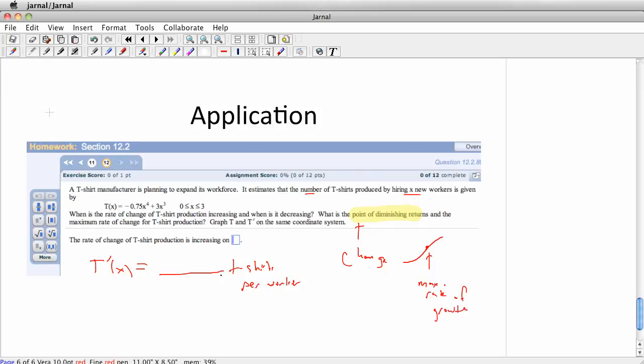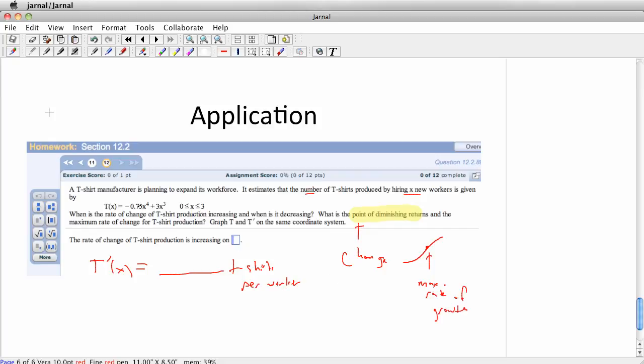So that's the number of t-shirts that we can make per worker. The idea here is that we can keep adding workers, and for a while that's going to make our rate of growth for the t-shirt production increase. But after a while, you add so many people that you're actually just slowing down your rate of growth.